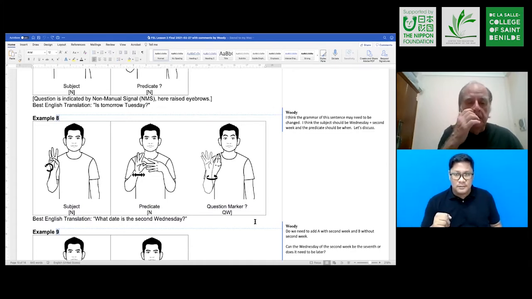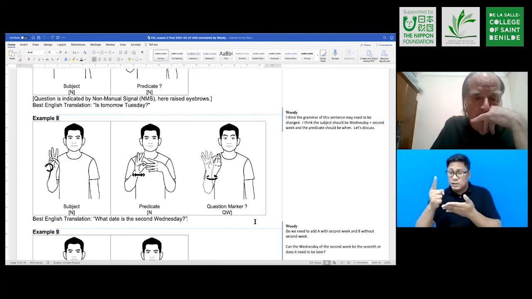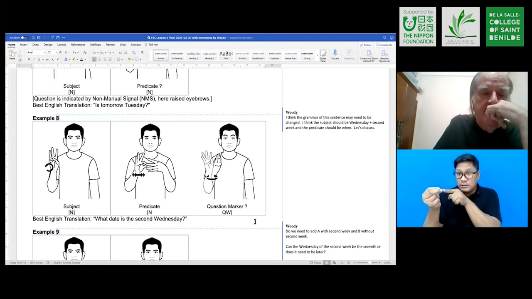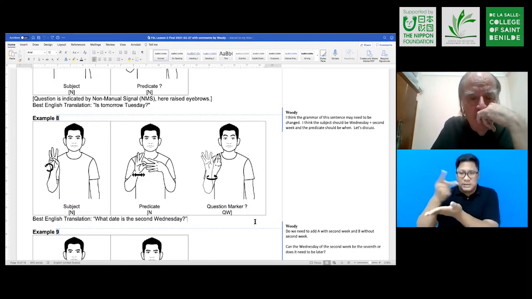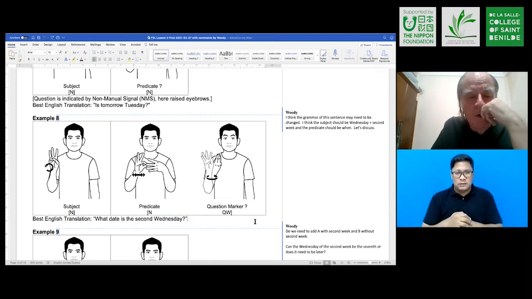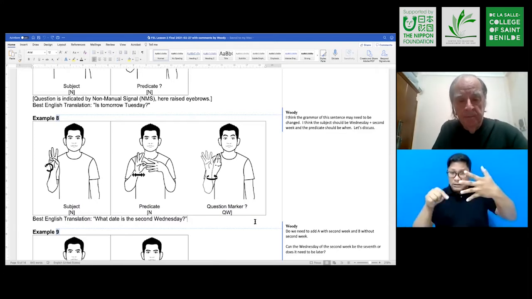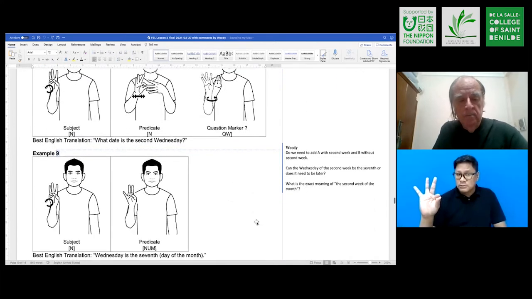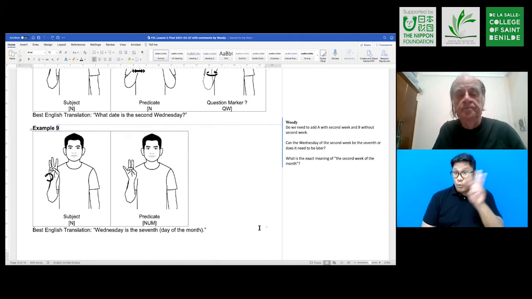So I'm thinking that Wednesday, second week go together as a subject. And when is the predicate and a question marker. Because if we go down to example 9, Wednesday is the 7th.